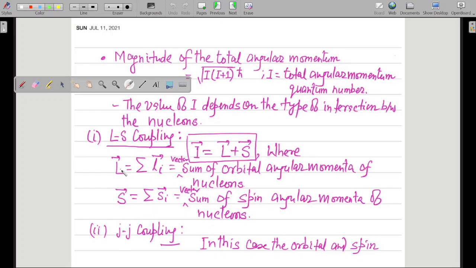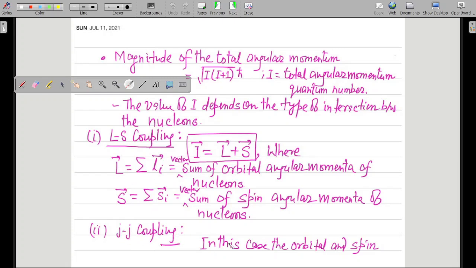So we first added the orbital angular momenta of all nucleons, and then we added the spin angular momenta of all nucleons. Then we finally added this total sum with this total sum. That's what we do in LS coupling.